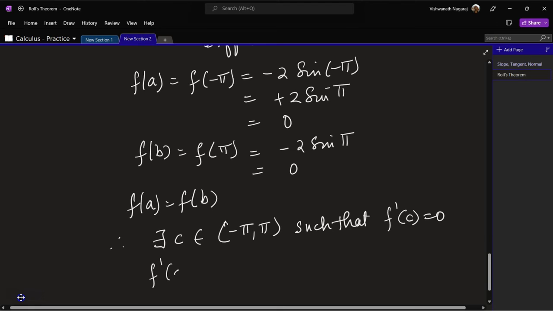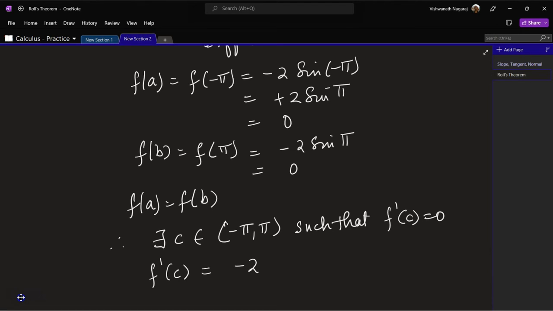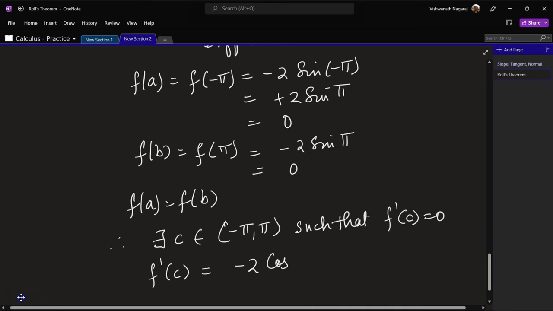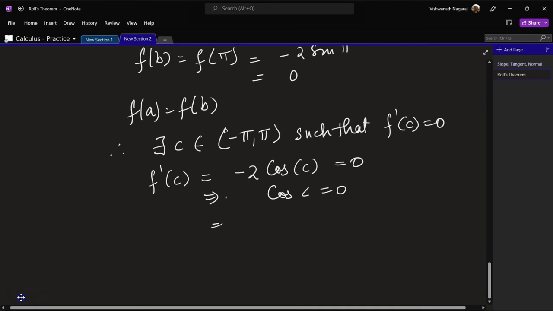So f prime of c is going to be -2 sine x, and the derivative of sine is cos. So cos c is equal to 0, which implies c is equal to... when is cos 0?